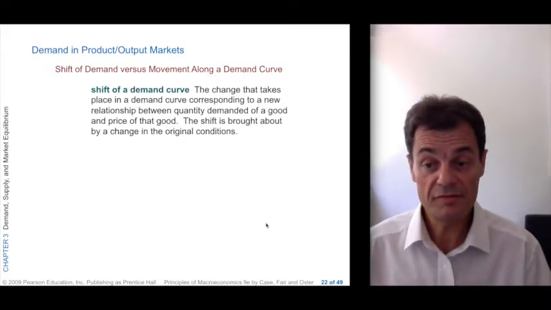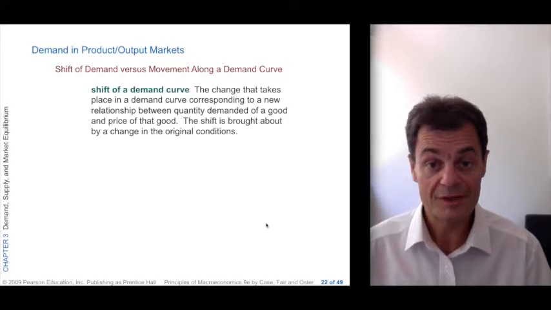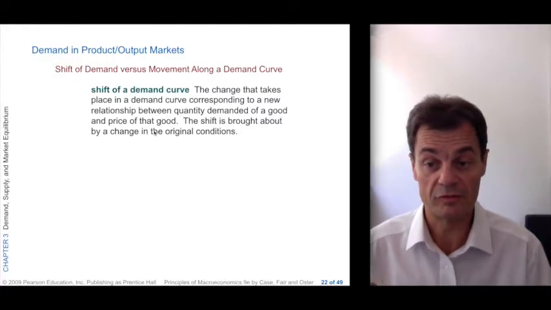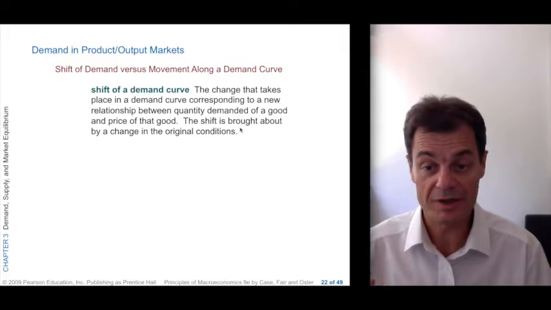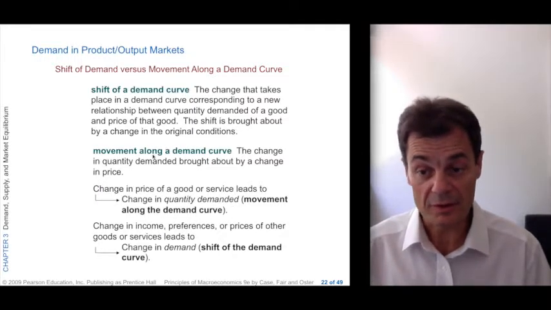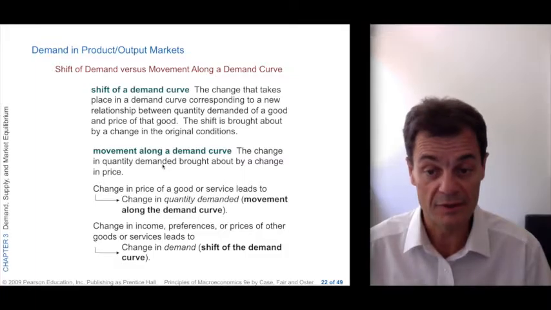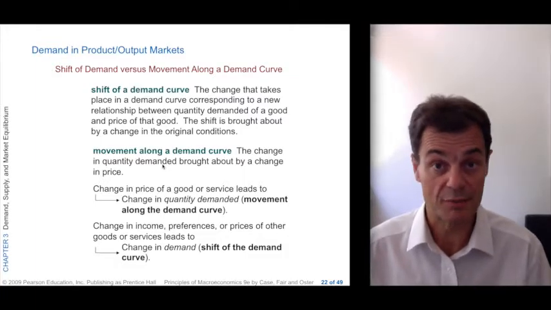A shift of a demand curve is a change that takes place in a demand curve corresponding to a new relationship between the quantity demanded of a good and the price of the good. The shift is brought about by a change in the original condition, which is different from movement along the curve, which are simply the changes of quantity demanded brought about by a change in price.